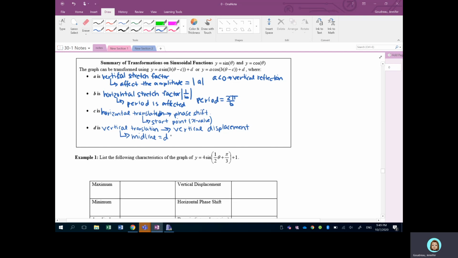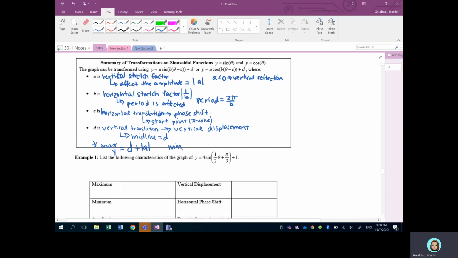We also have two other little formulas that we need to talk about. So knowing what the amplitude is, it's the difference between the midline and the maximum, or the midline and the minimum, and understanding that the midline comes from the vertical displacement, that gives us two little equations. The maximum y value then can be found by going from the midline D and adding the absolute value of A, adding the amplitude.